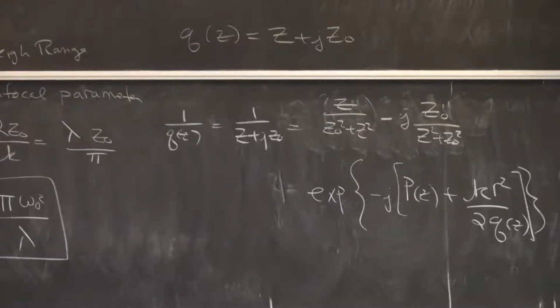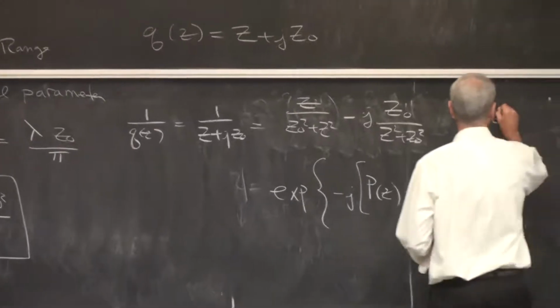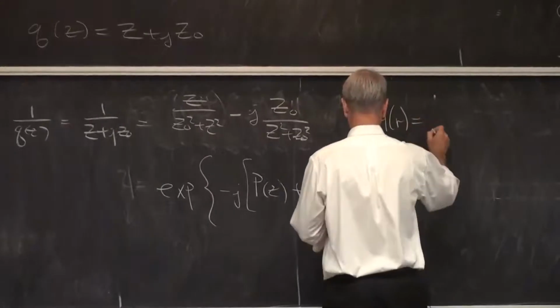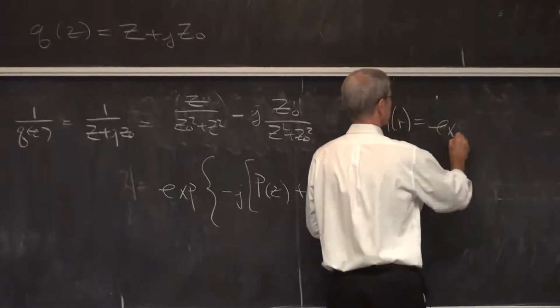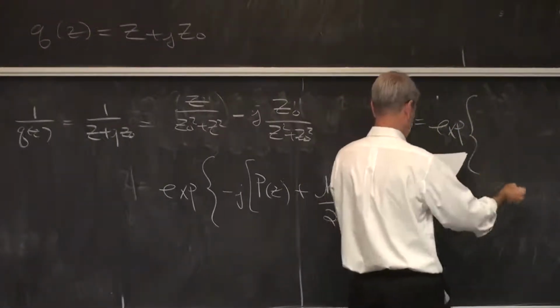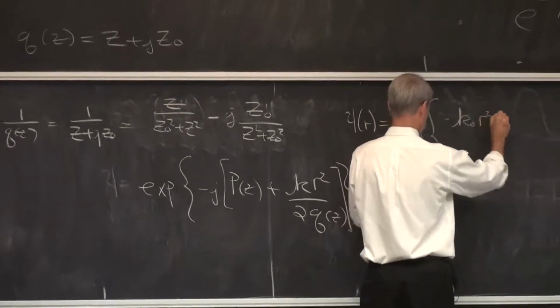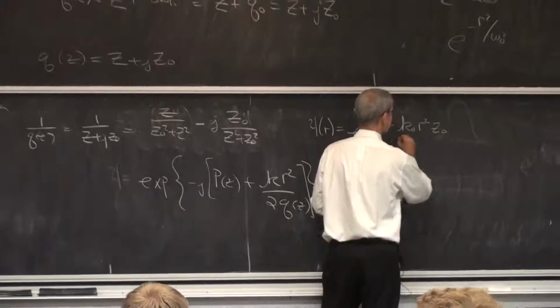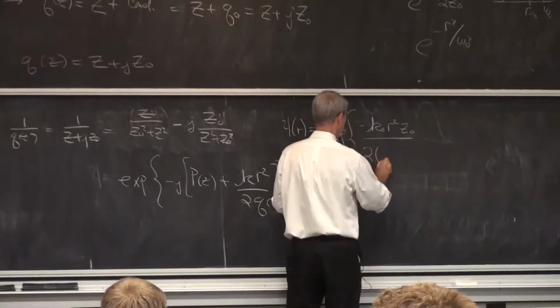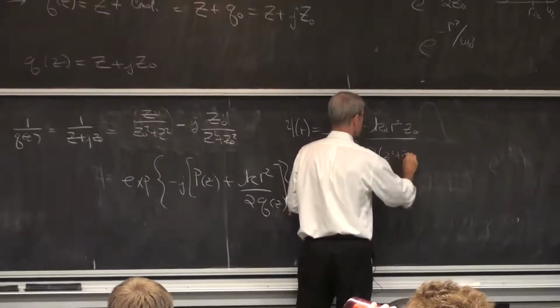And so you do that and you say, well, psi of r equals, you've got this exponent times minus k r squared z naught over 2 times z squared plus z naught squared.